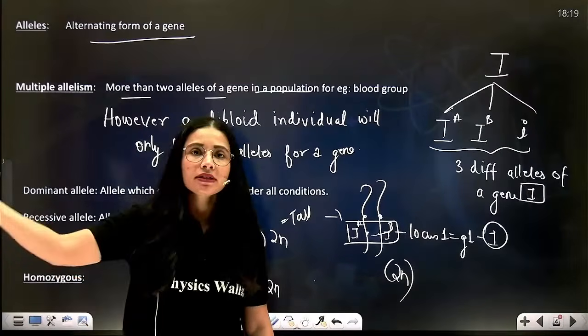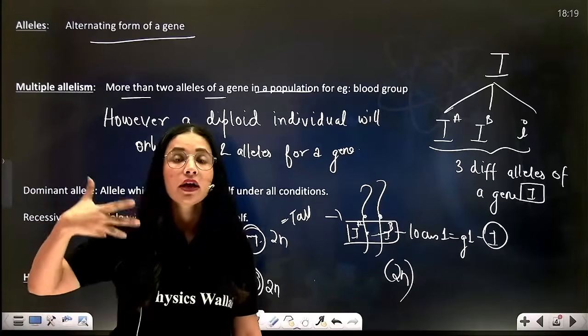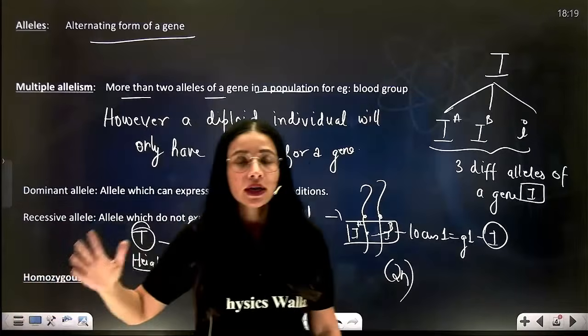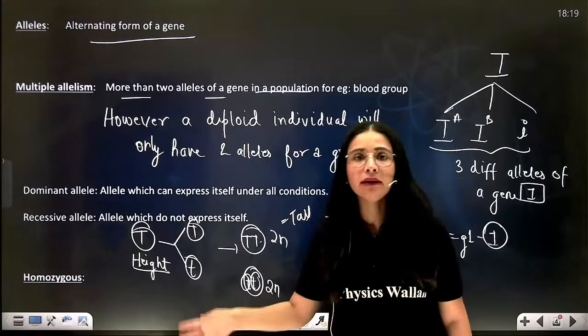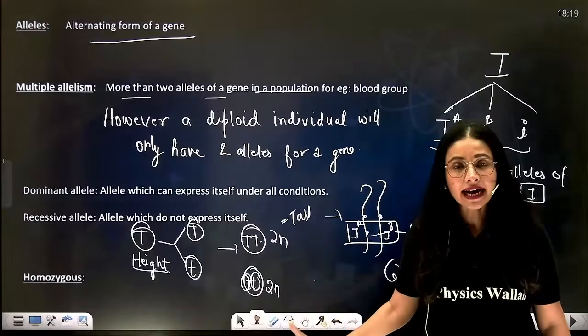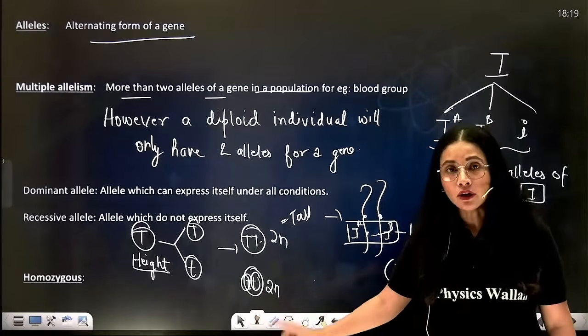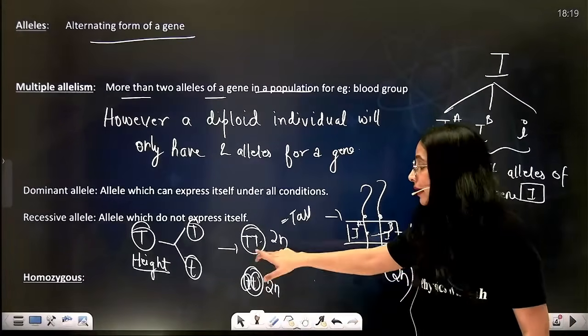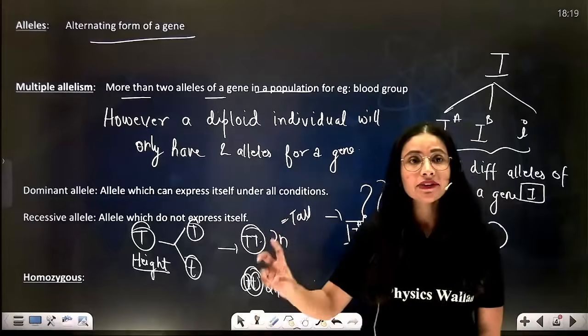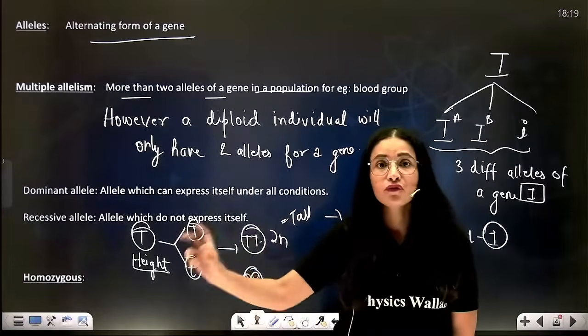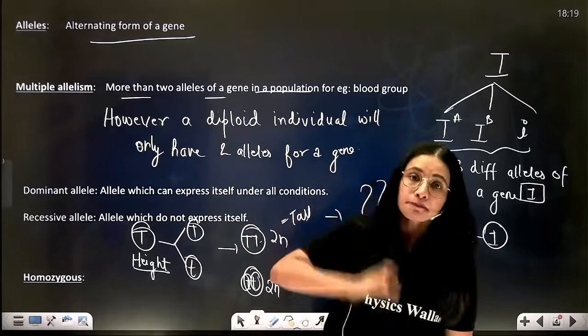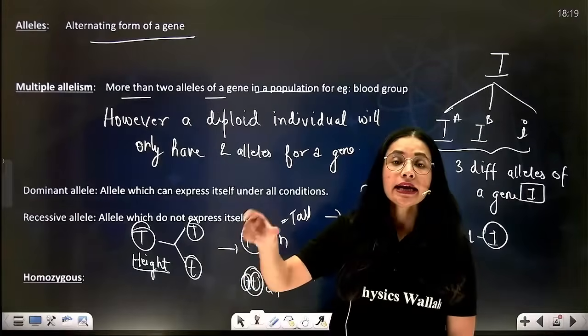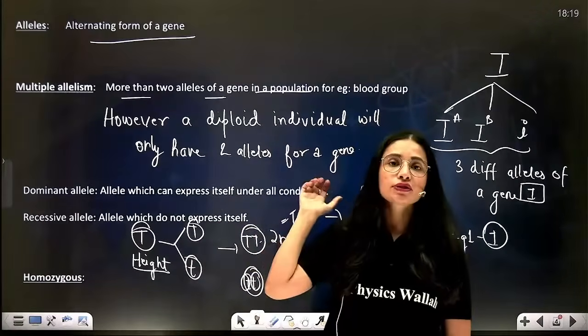No enzyme means growth hormone is not able to get produced in large amount. Hence, the organism will become dwarf. Right? So beta, remember one thing, small t, the recessive allele, is not responsible for dwarfism. Actually, absence of the dominant allele is responsible for dwarfism.